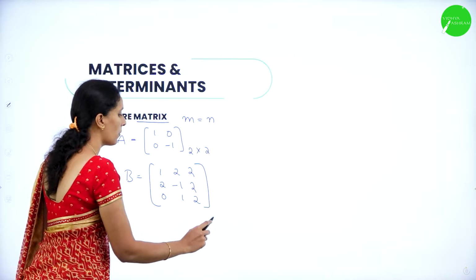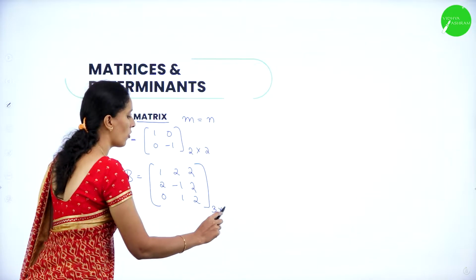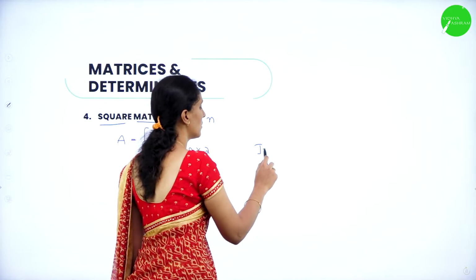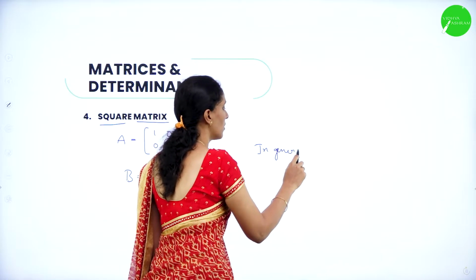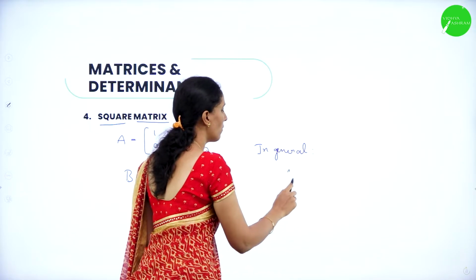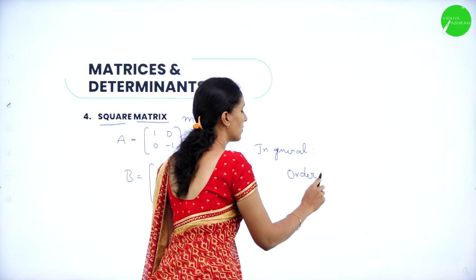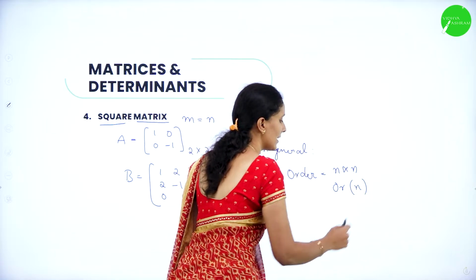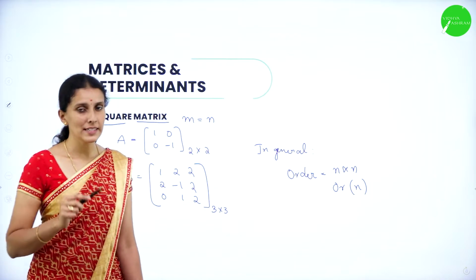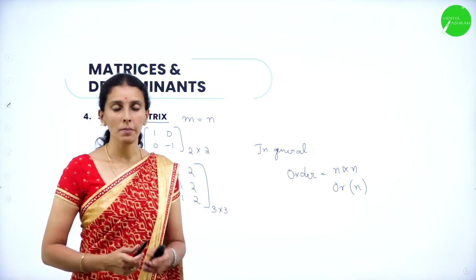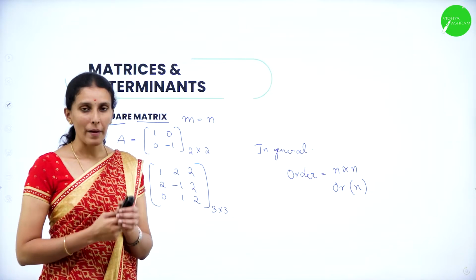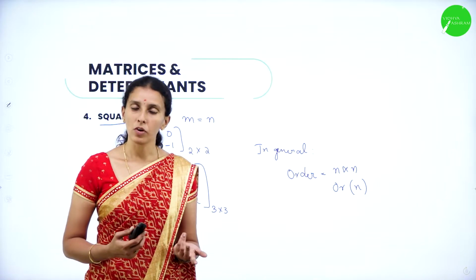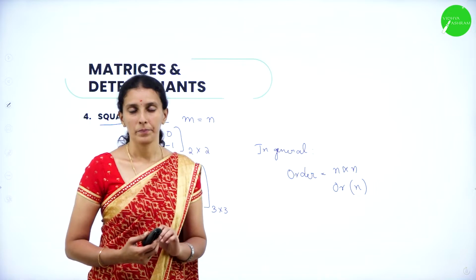And here the number of rows is 3 and the number of columns is 3. So in general, the order is always equal to n cross n, or we simply say it as n, because n represents the same number of rows as well as columns. So the order of a square matrix can also be written in the form of m cross m or simply m.